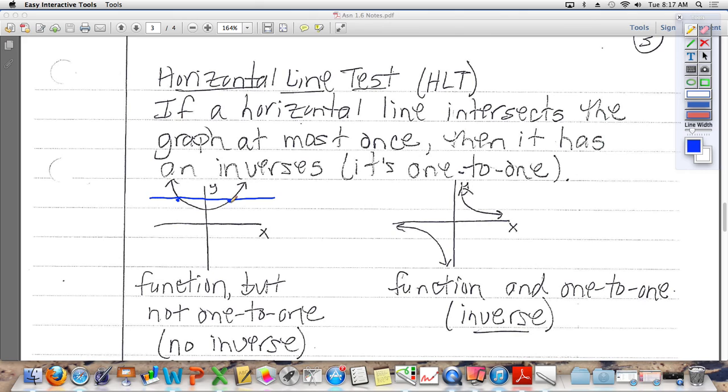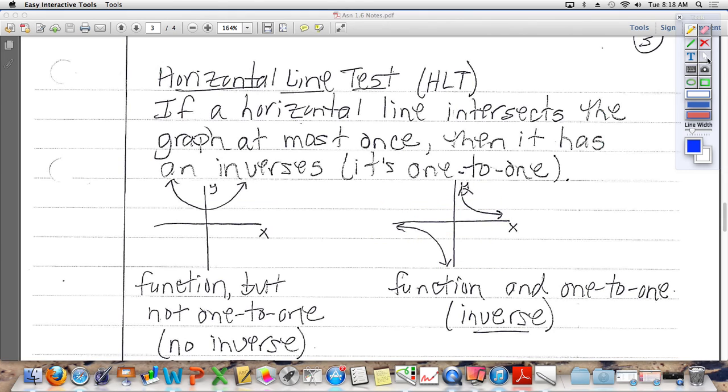This example right here was not only a function because it passes the vertical line test, but if I draw horizontal lines, it also only ever touches the graph in 1 place. Therefore, it also has an inverse. So we call this one on the right 1-to-1. We call this one just a function, but it is not 1-to-1. Has an inverse, does not have an inverse.